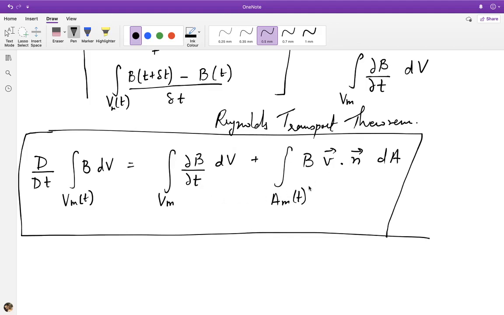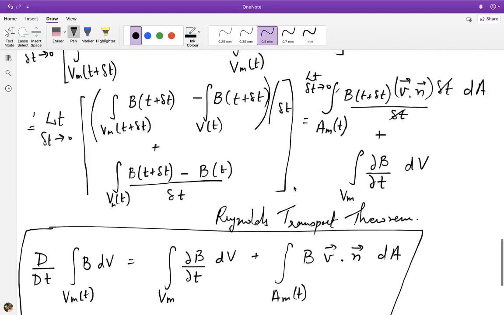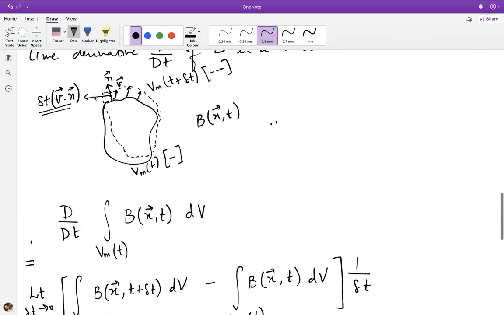This formula also shows that, suppose at a given time t this material volume is here, the material derivative of b contained in this volume can also be interpreted by replacing, at exactly this time t, this moving material volume by a fixed control volume, that is a volume that remains fixed in space and doesn't change.